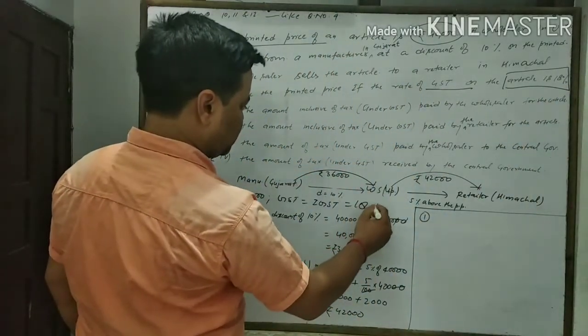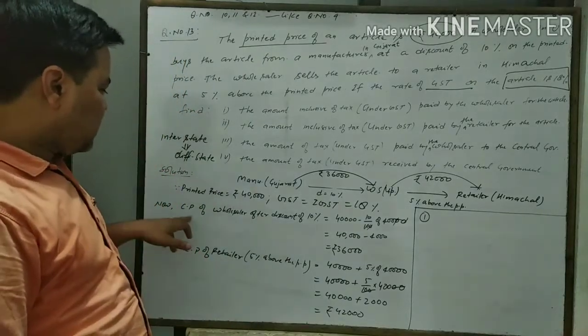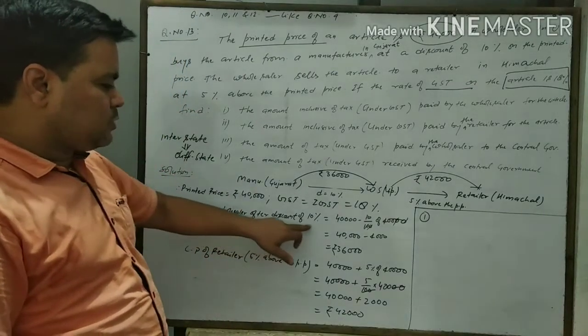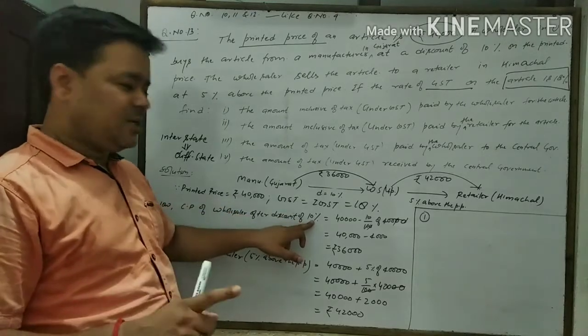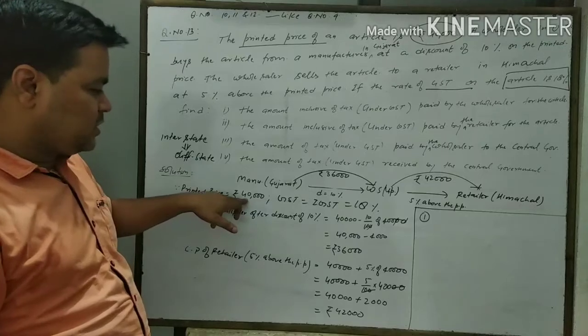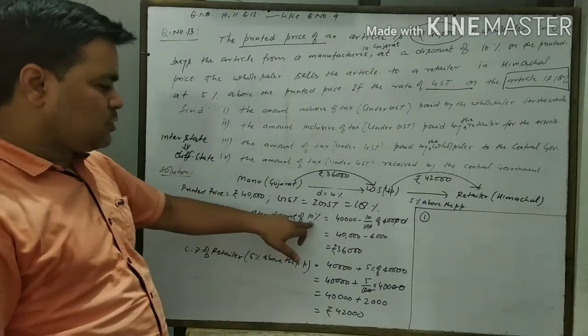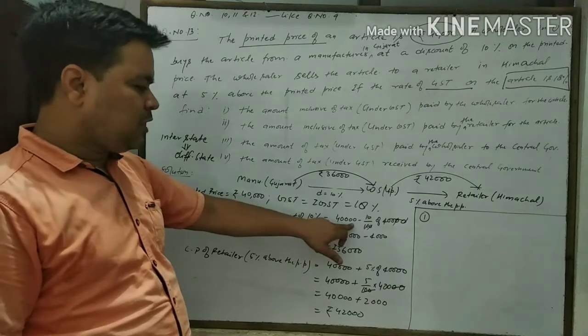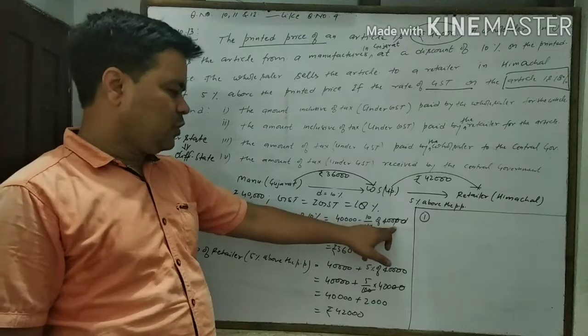Here, first of all, let us find the cost price of the wholesaler after the discount of 10%, since the discount is always calculated on the printed price, which is 40,000. Therefore the cost price of the wholesaler after discount of 10% is 40,000 minus 10% of 40,000.